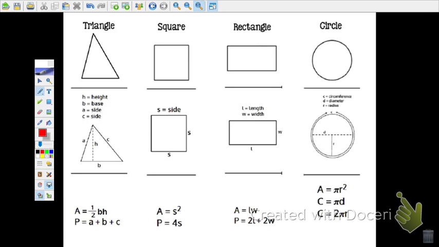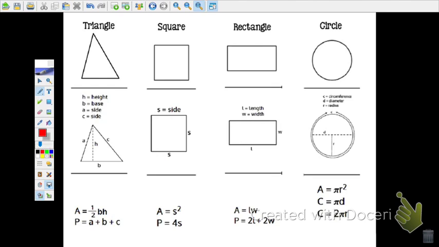So first one we're going to take a look at is the triangle. So in your interactive notebook, if you pull that triangle slip up, then you will see this other information that you see up on the board. Key thing with a triangle is the idea of the base and the height.